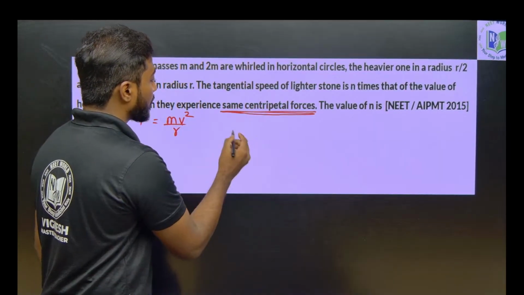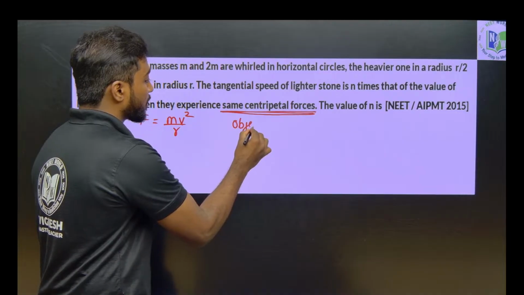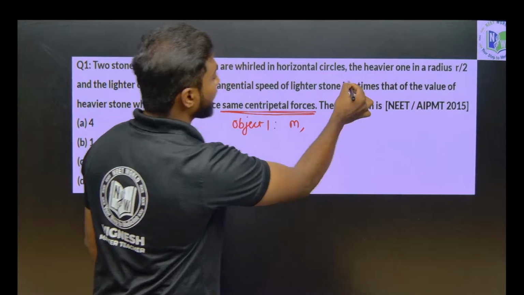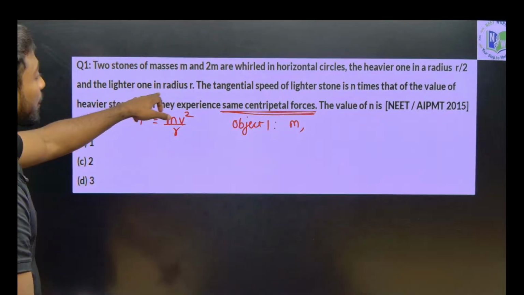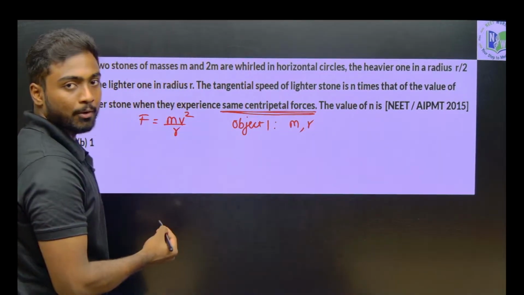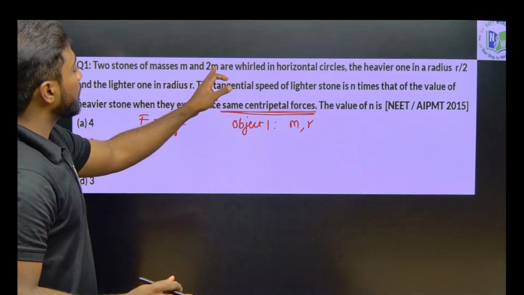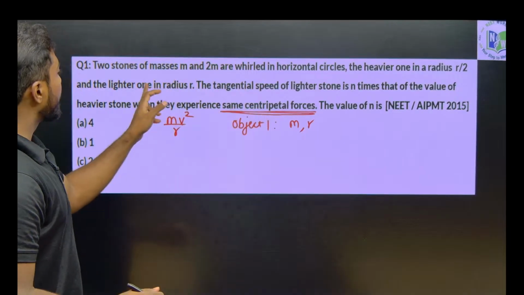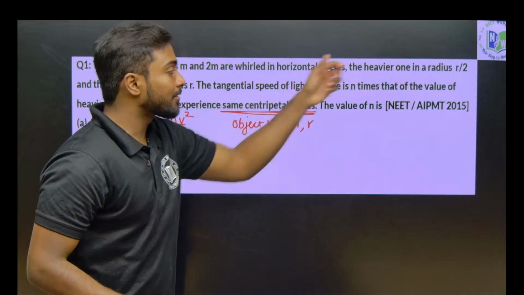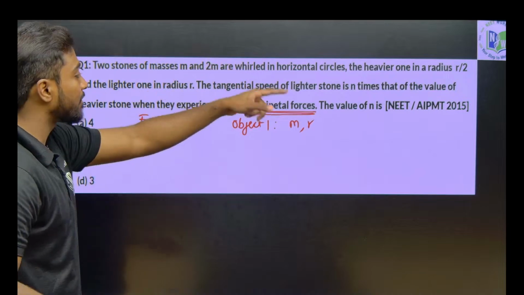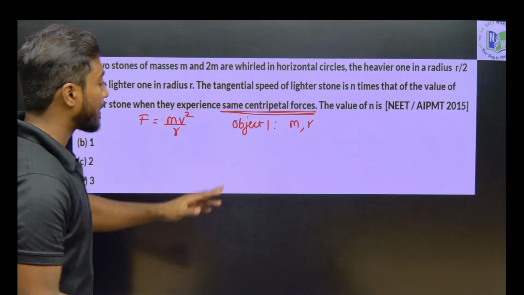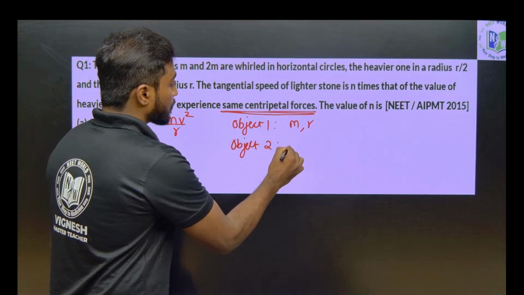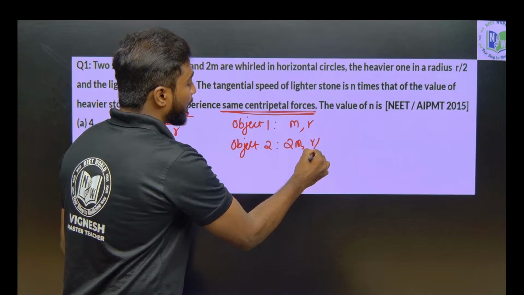Let me consider object 1 mass is m and radius r, the lighter one. Don't get confused: they have said the heavier one has radius r by 2, so for 2m it's r by 2, and for the lighter one it is r. So object 2 is 2m and r by 2.